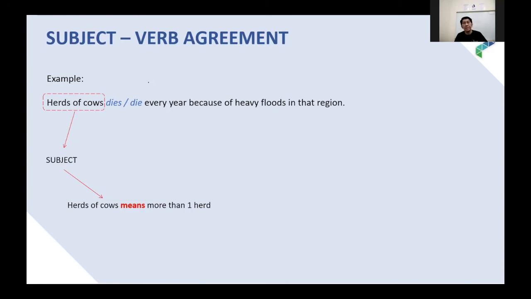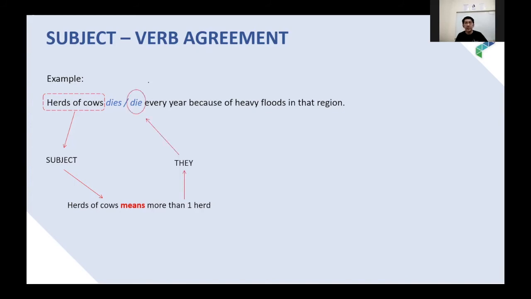herds. Nobody knows. But we can see the word s added to the word herd. That means it's not a singular herd. It's not a singular group. So more than one herd means die.